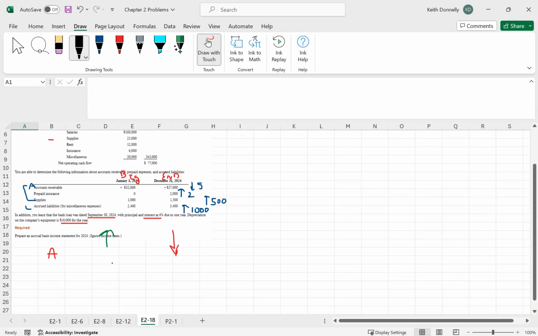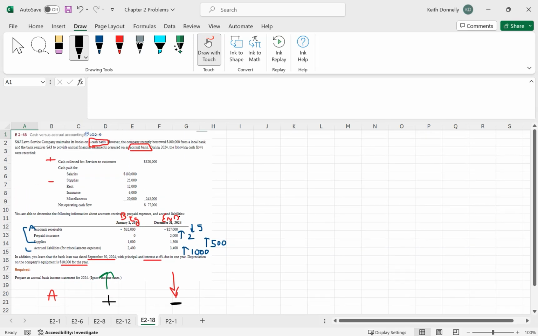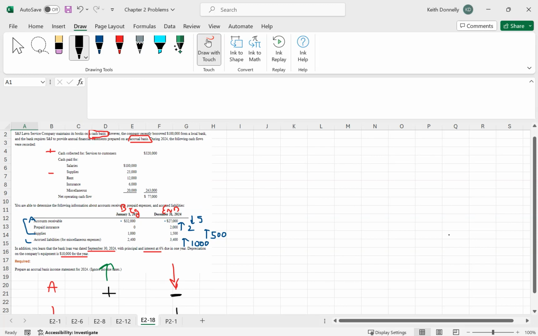Right, for assets, you're going to add any increases and deduct any decreases. And then for your liabilities, it's going to be the reverse, right? Deduct, add. That'll make sense as we go through this. But that's a nice framework. We categorized it. Did it go up or did it go down? There's the little rule set to help us, right?